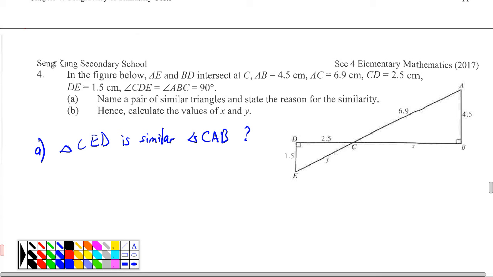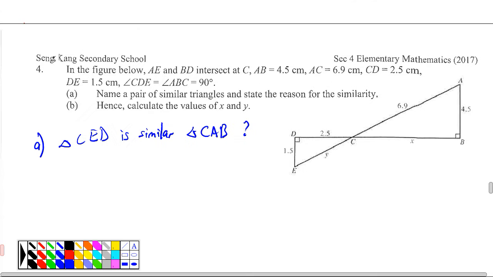Equal is wrong. Cannot write equal. Cannot write congruent. Cannot write three lines. Must be similar. So you can put CDE equals to ABC. CED. If this is correct, you are wrong. ACB. So your hand is ACB.